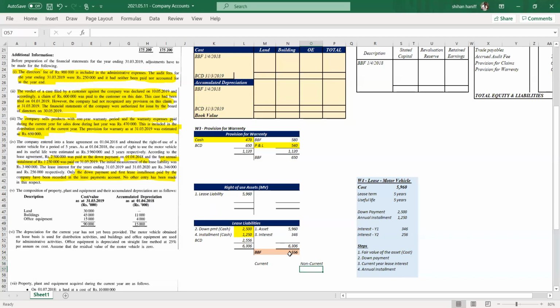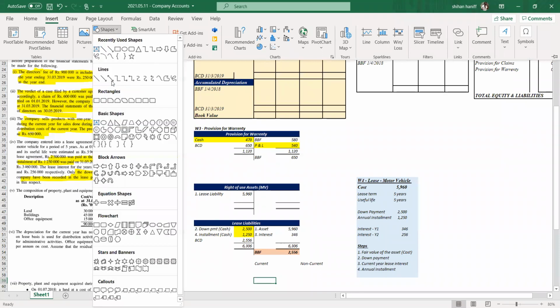We divide this 2,556 as current and non-current. Can you all give a try? What is the current liability and what is the non-current liability out of this 2,556?